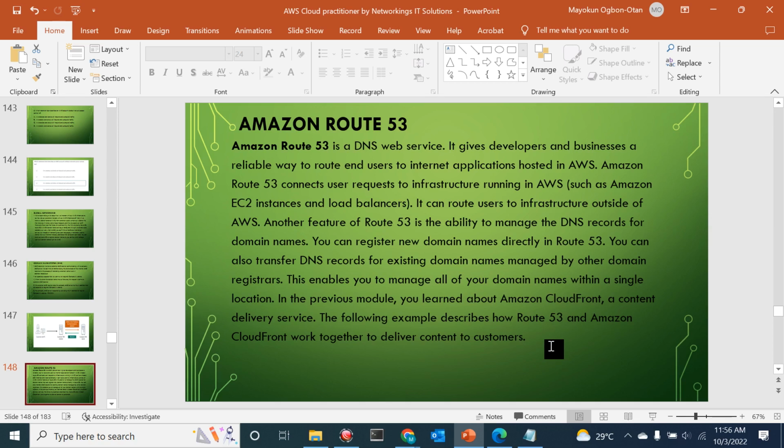Everything you are looking for, mainly storage. We are going to be looking at database and storage in module 5. Even though some of us are doing MySQL, MariaDB, whatever kind of database, they have a replica of it in AWS.